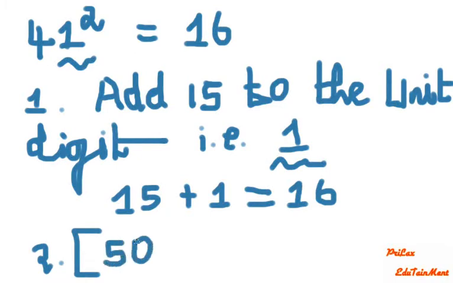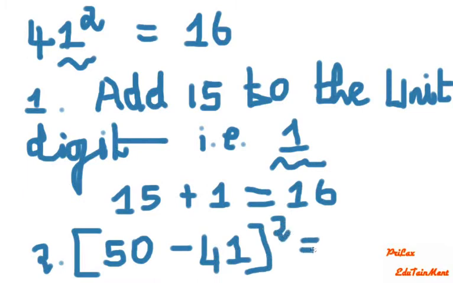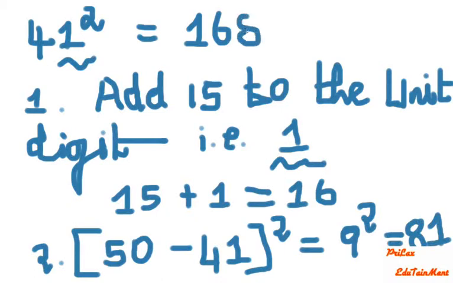That is, we simply square the difference between 50 and the given number to be squared. That is 41. 50 minus 41 is 9. Just square that number. 9 square gives you 81, which represents the last two digits of the answer. It is a simple method.